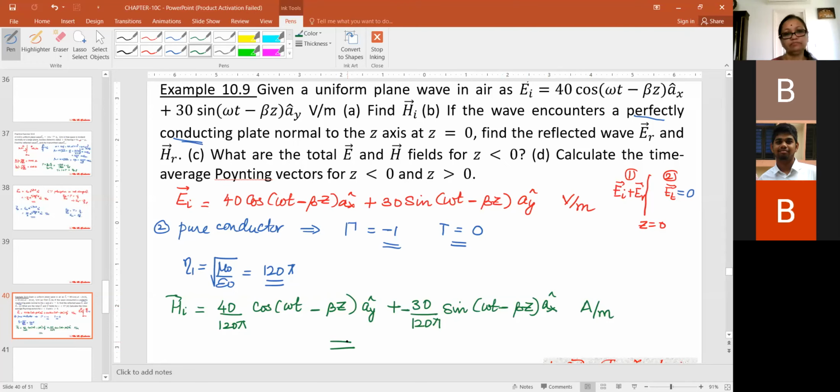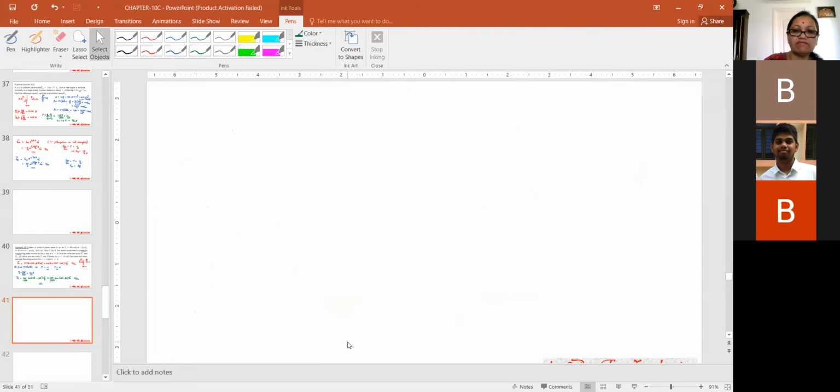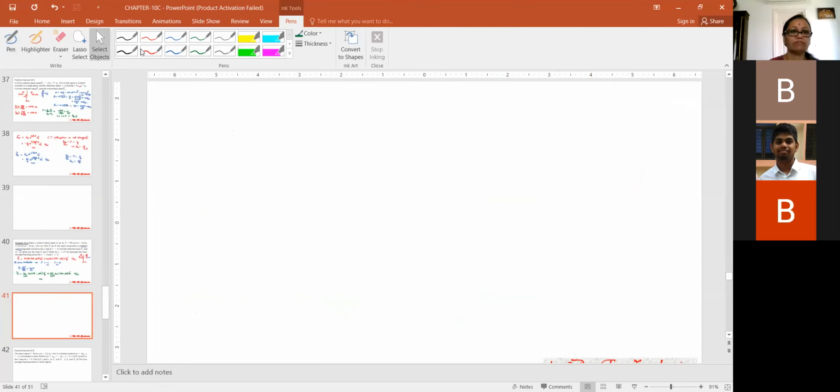Next, what do you do? Because the reflection coefficient is equal to -1, immediately write your reflected electric and magnetic field. ER naught, then what is the original equation?